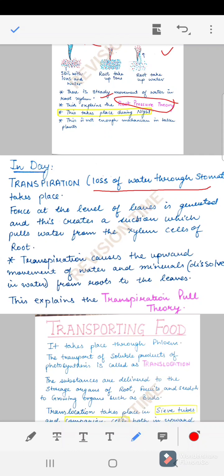So force at the level of leaves is generated and this force creates a suction, and this suction pressure pulls the water from the xylem cells of root. Hence, transpiration causes the upward movement of water and minerals, and these minerals are in the dissolved form, from the roots to the leaves, and this explains the transpiration pull theory.